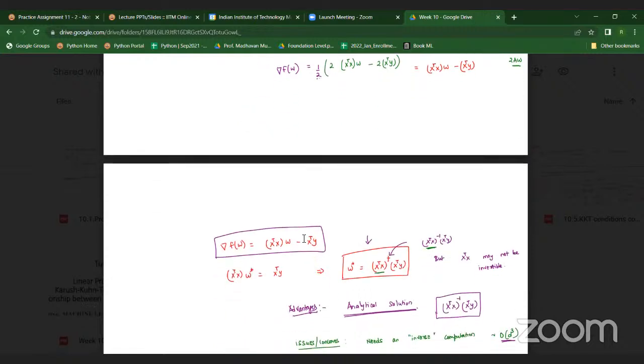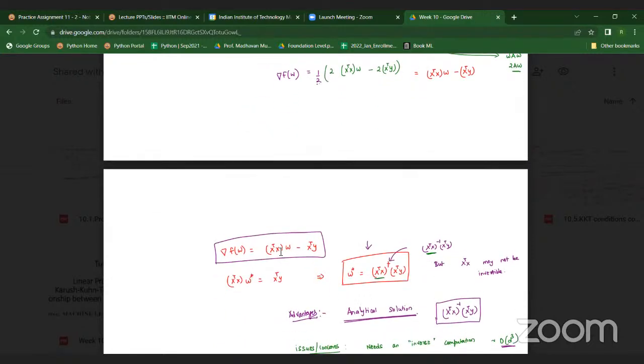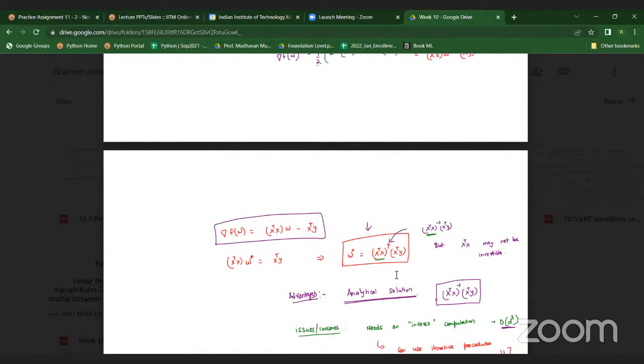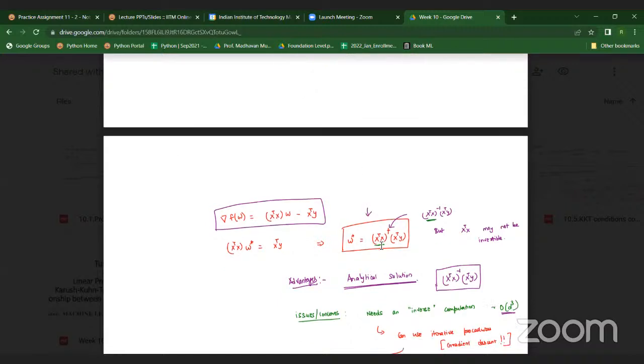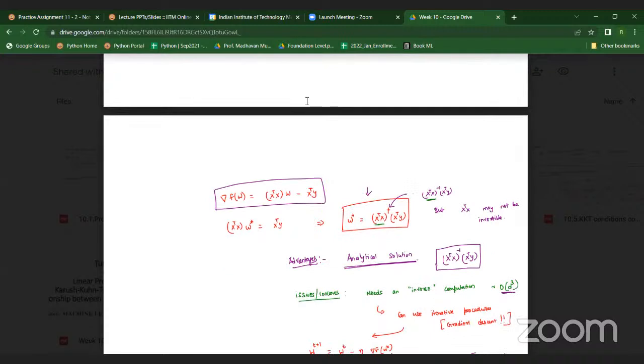When you equate it to 0, you get w as x transpose x inverse multiplied by x transpose y. But this is the analytical solution, and doing this inverse is not always going to be easy. So instead of the analytical one, we'll be using the gradient descent method to get the solution.